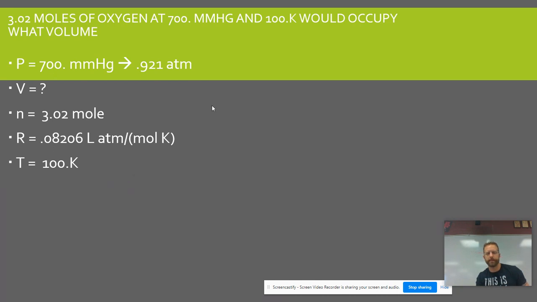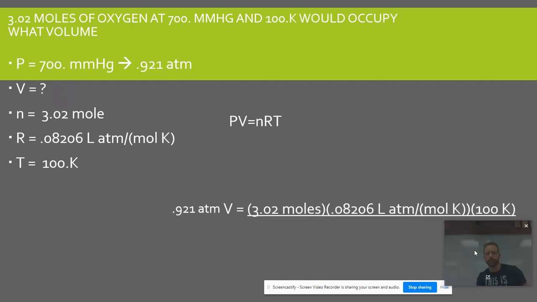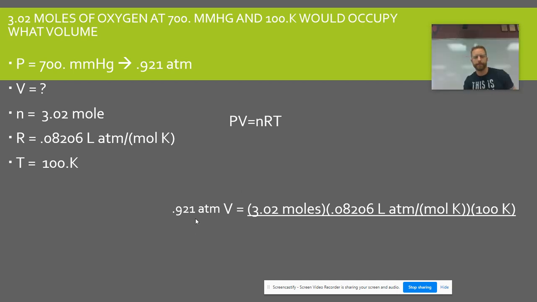So we go ahead with my equation, PV equals nRT. The V is the thing I'm looking for. With this one, I went ahead and plugged it in here. So you see you've got your pressure times your volume equals your number of moles times R times Kelvin. Then I want to get V by itself, so we've got to divide both sides by the atmospheres, right? Look at that fancy animation.